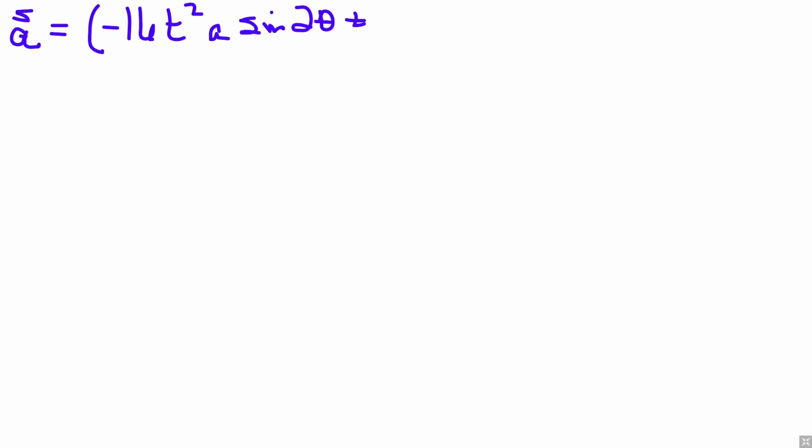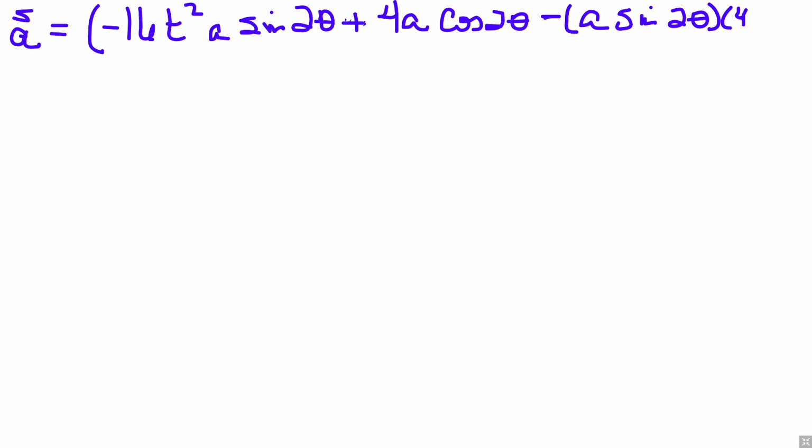The acceleration vector starts off with negative 16t squared times a times the sine of 2 theta, plus 4a times the cosine of 2 theta. Then we've got minus a sine of 2 theta times 4t squared in the u of r direction. And we're going to plus.